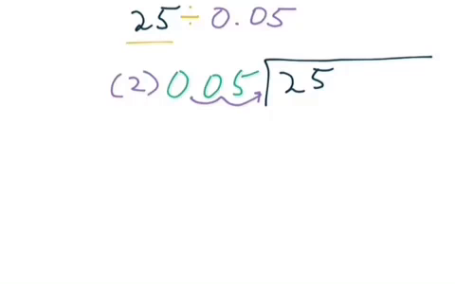So the question here is, where's my decimal in this whole number? Well, 25 means basically I have 25.0. So if I move it 2 places, I have to go 1, 2 right here, decimal up, and you can fill a 0 in your empty space. So I basically turn this into 2,500 divided by 5.